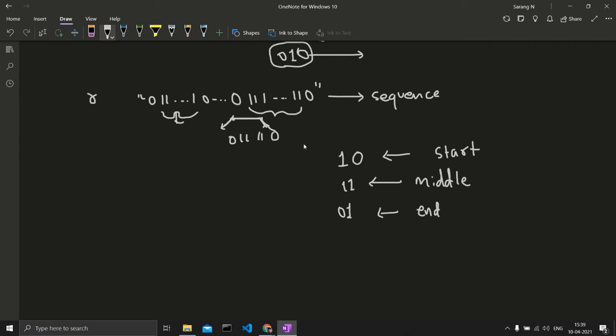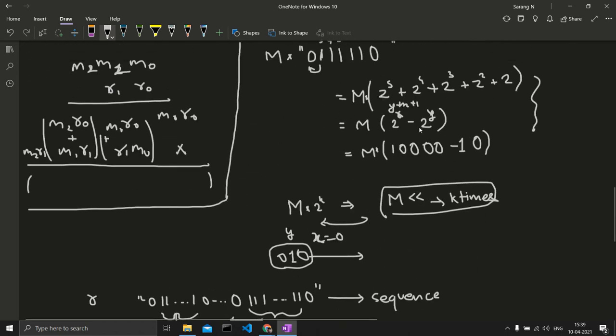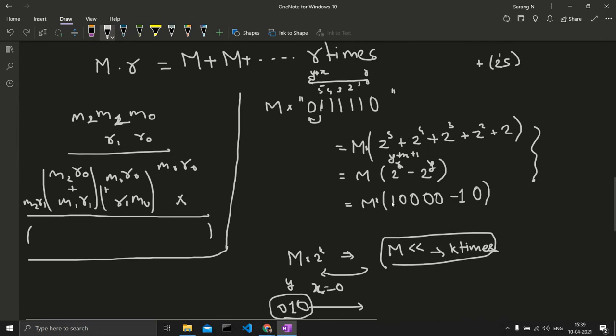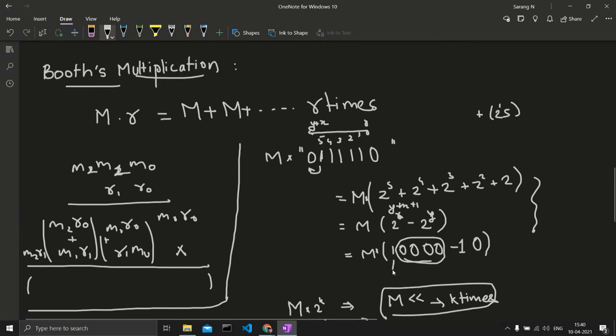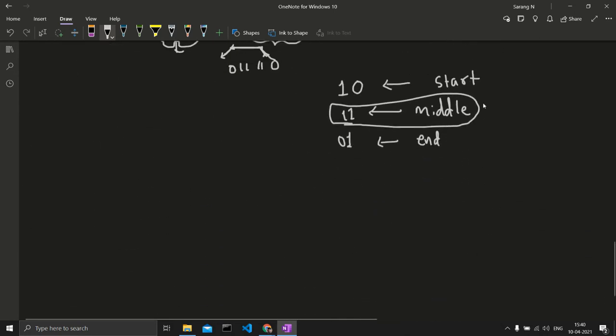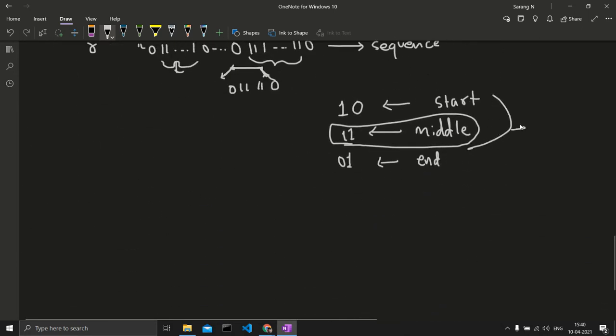Also, if it's in the middle, we don't have any use for it, because effectively all the middle ones are turned into zeros here. Only the start and end matter for us. So we'll just look at start and end.